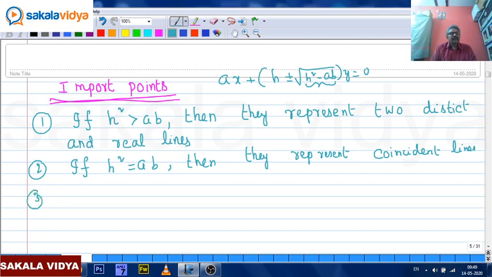Third point: if h square less than ab, then they represent imaginary lines.